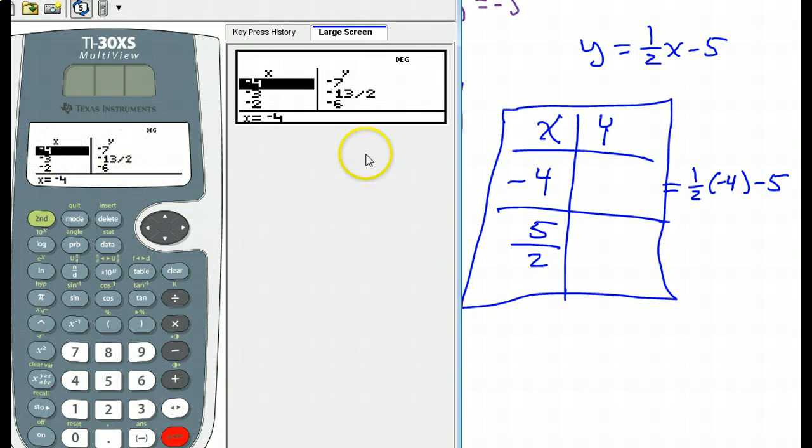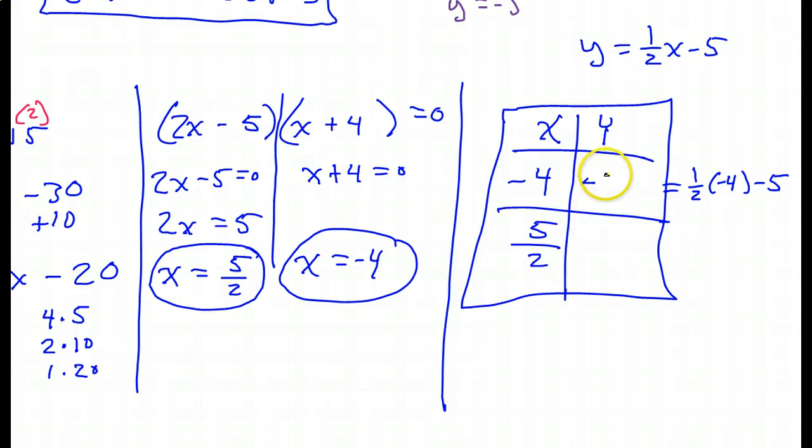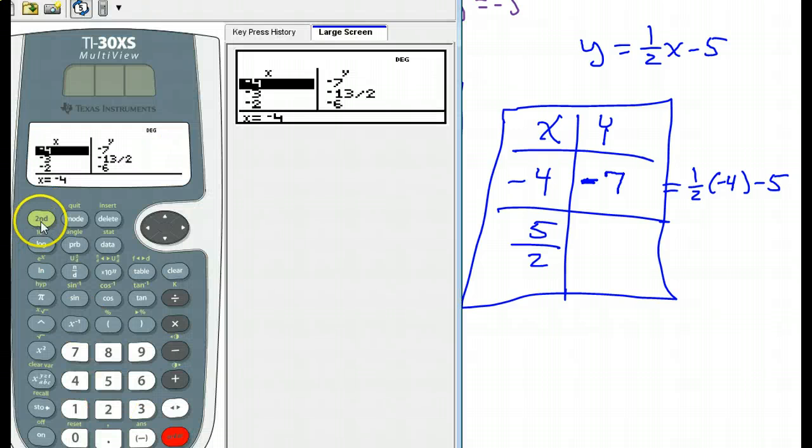So at -4 I've got -7. I would recommend using the table function. And, oh, you know what? That's not going to work out so well with the x value being a fraction. So I'm just going to go back and plug it in.